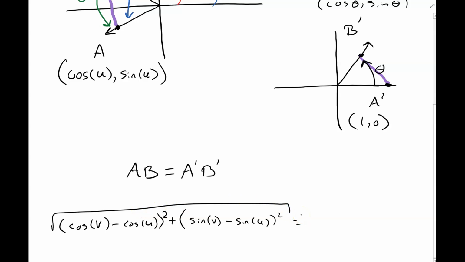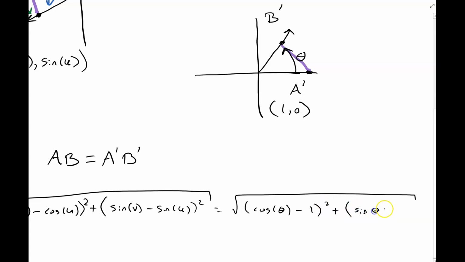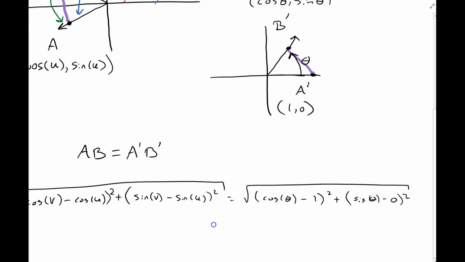Everybody's okay there? Okay. If I do it now for A prime, B prime, I'm going to have cosine theta minus 1 squared plus sine theta minus 0 squared.